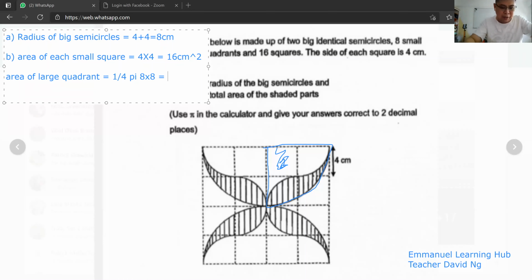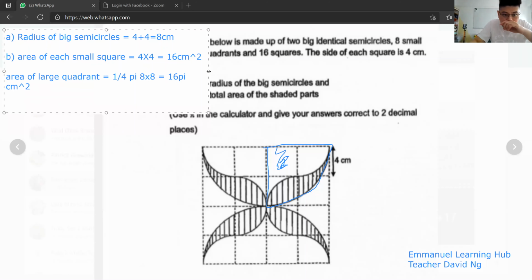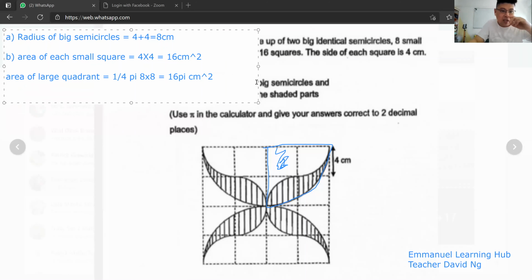You have 16 pi, the area of a large quadrant.